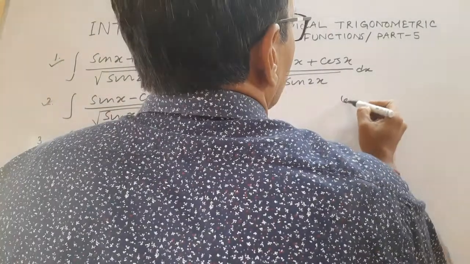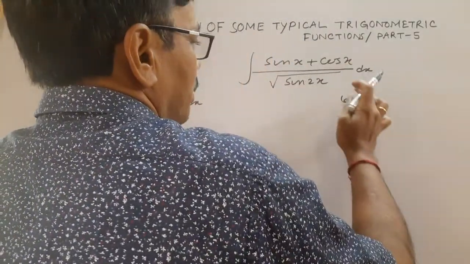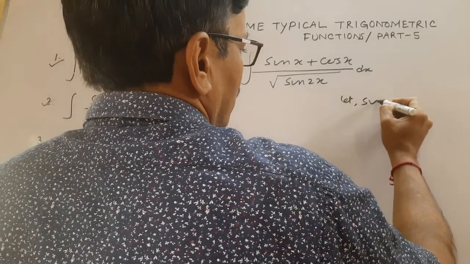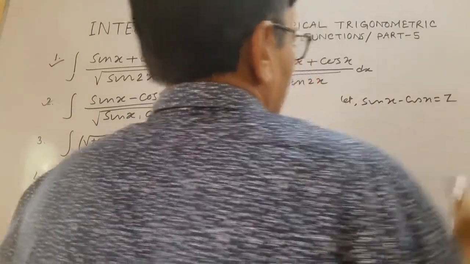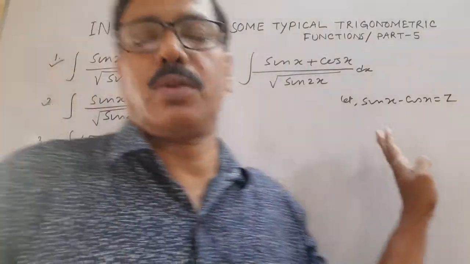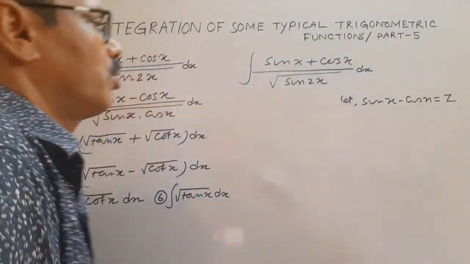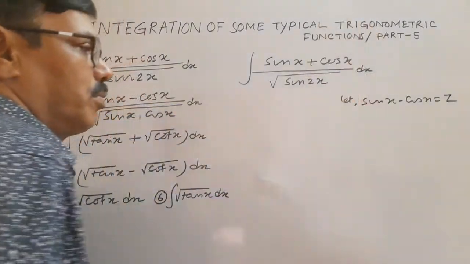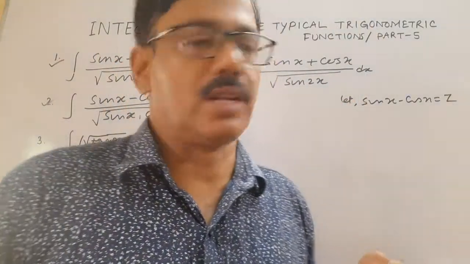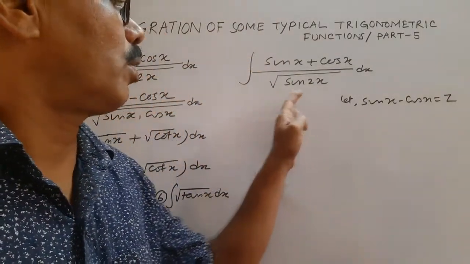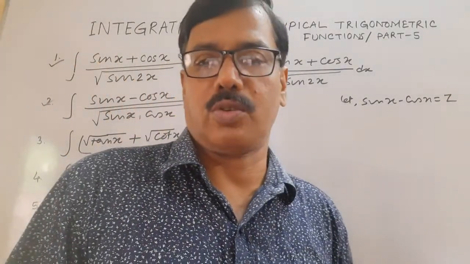So, what is the transformation? Derivative of sin x minus cos x, equals z. Why are we putting this transformation? Because if we differentiate it, we get the numerator, and this sin 2x is expressible in terms of sin x minus cos x.